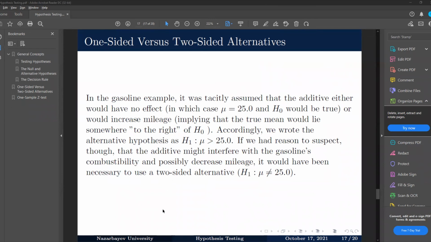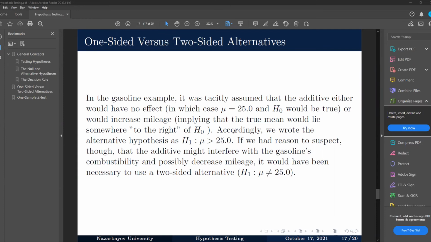So guys, you might already be guessing and thinking, when should we know? You might smell something fishy here. When should we know, prior to collecting data, whether our mean is going to be greater or smaller than some value?